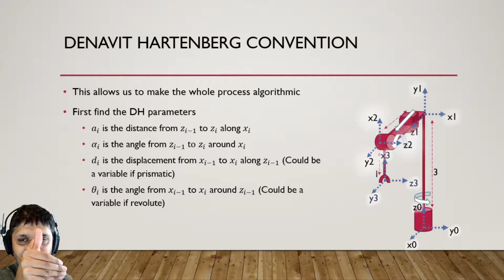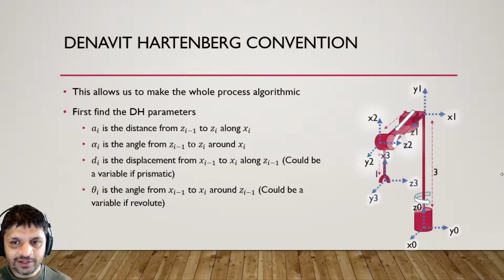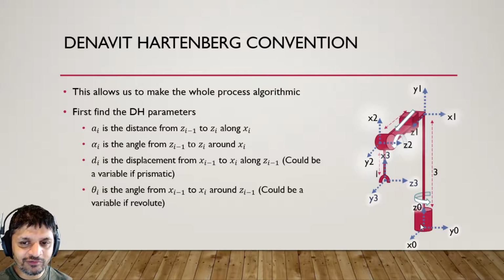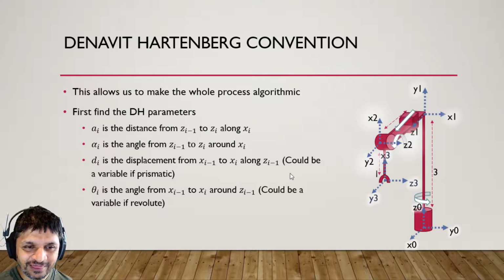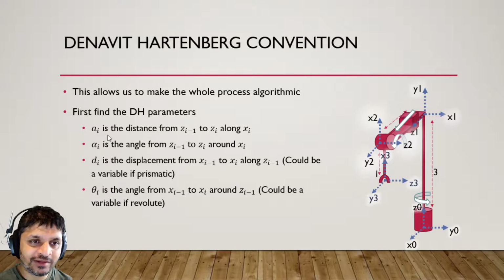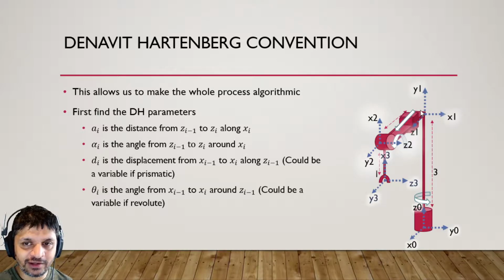So basically my theta i would be 90. But this joint can rotate. So if it rotated by another 10, then to make them align, I'd have to rotate by 100, right? So basically there's a variable here. Okay, but anyway, that's the DH parameters for joint i.